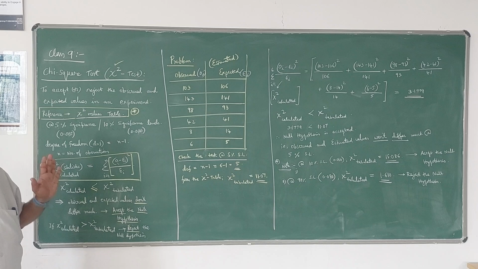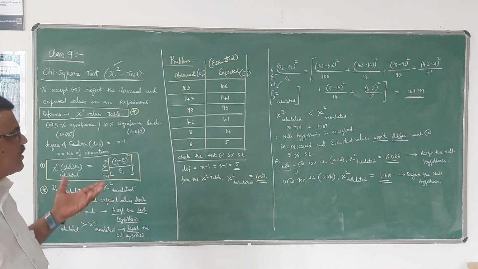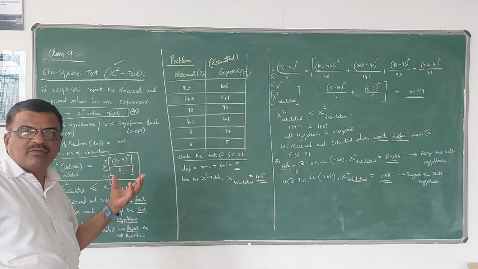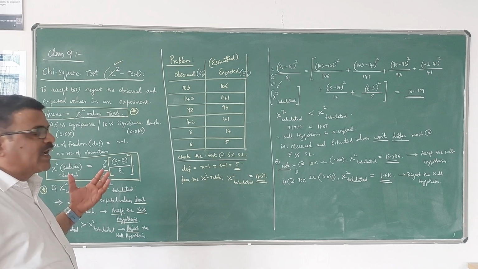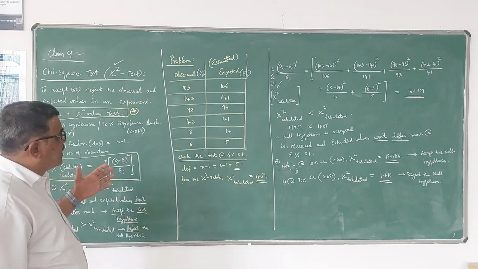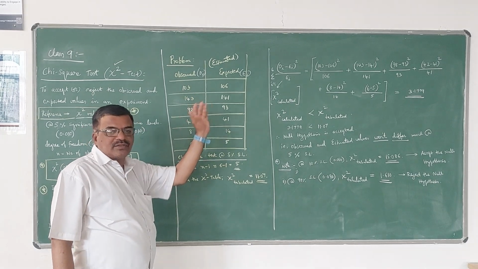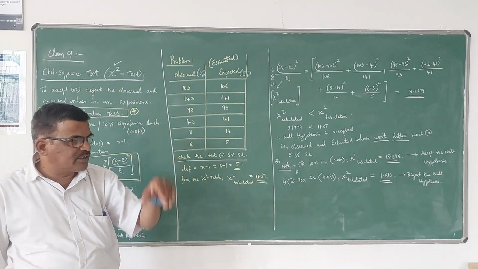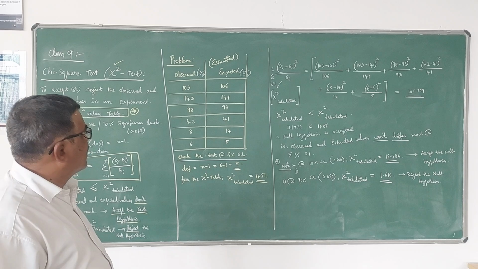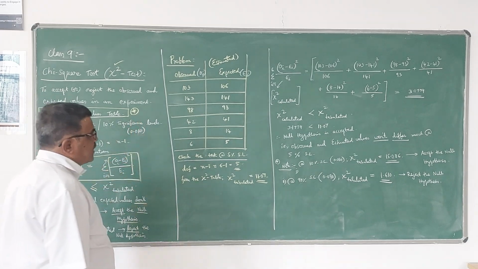So this is how we can judge whether we can rely on the observed data or not, based on the theoretical consideration of estimated values.